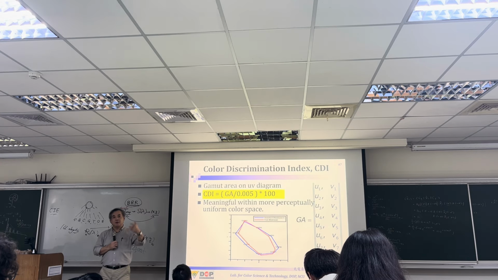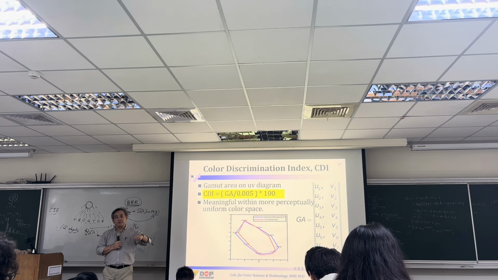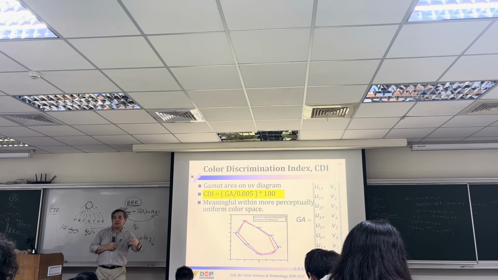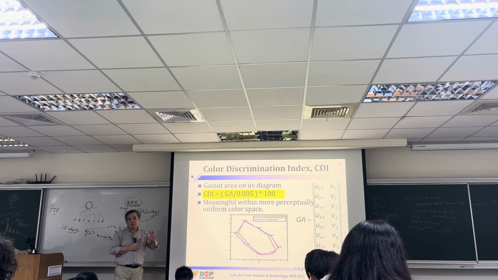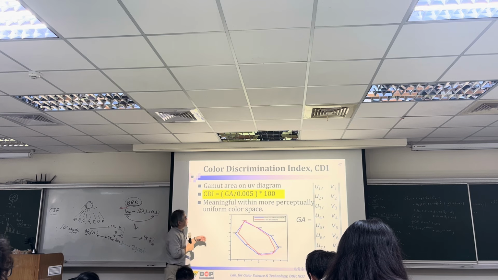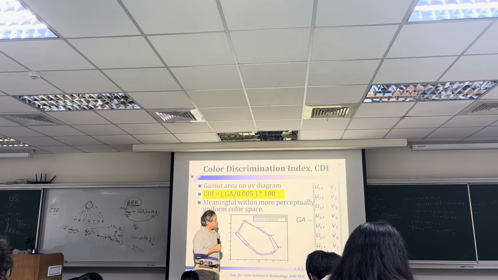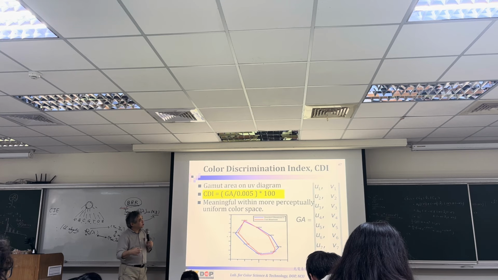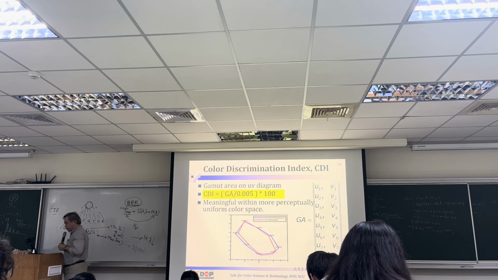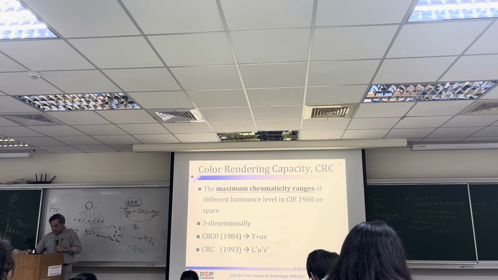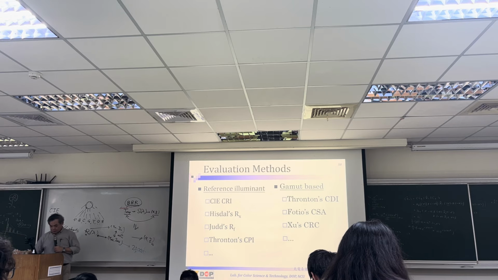So you just look at the color sample, evaluate it, and give it a score, 10 or 8 or 5. How good is it, do you like it or not? So some indices are based on preference, not fidelity. There are several other methods.